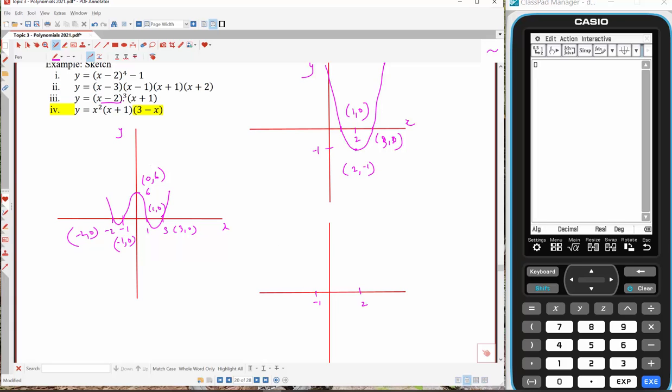Y-intercept negative 8, 7 down here, negative 7. All right, so it's positive, so it starts with a negative gradient, so it's going to come down through the y-intercept and inflect there. Let's see how it goes. Not really. Well, that's nice.